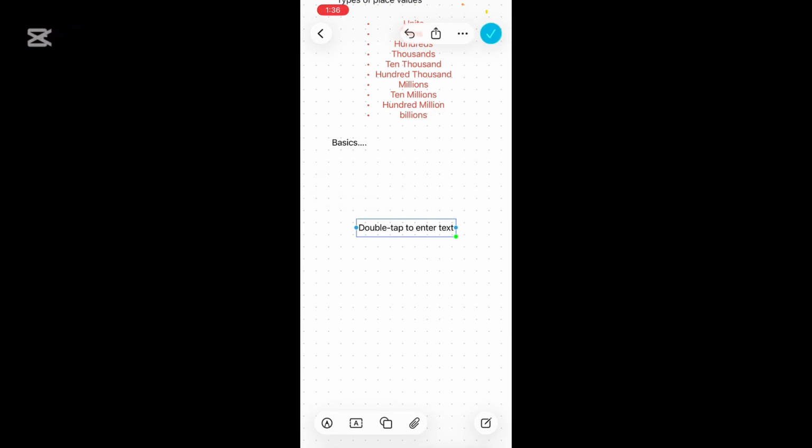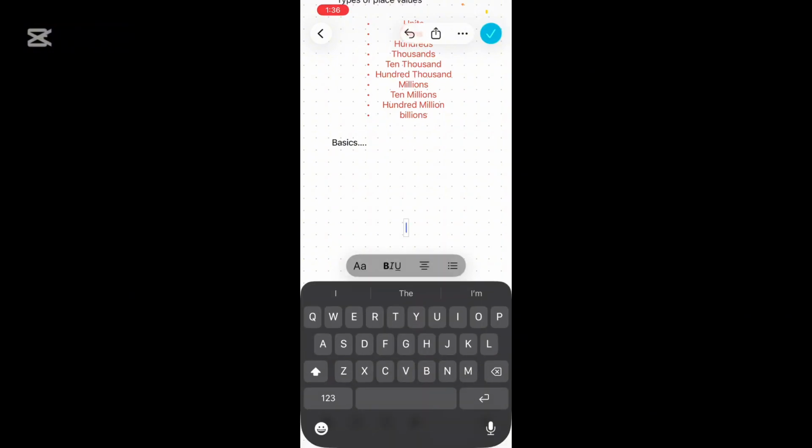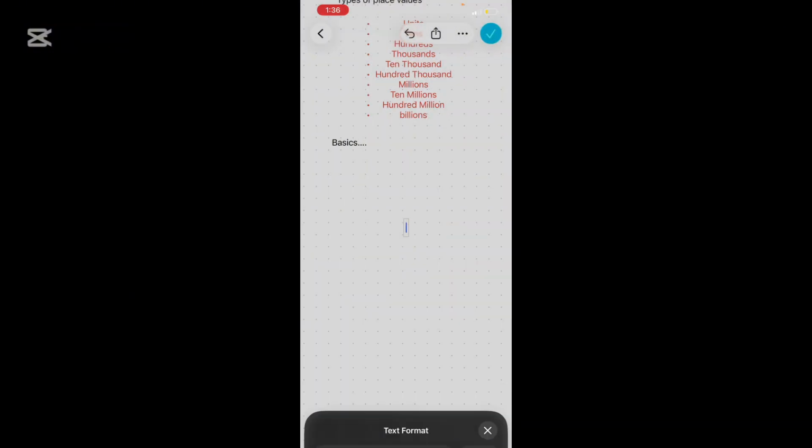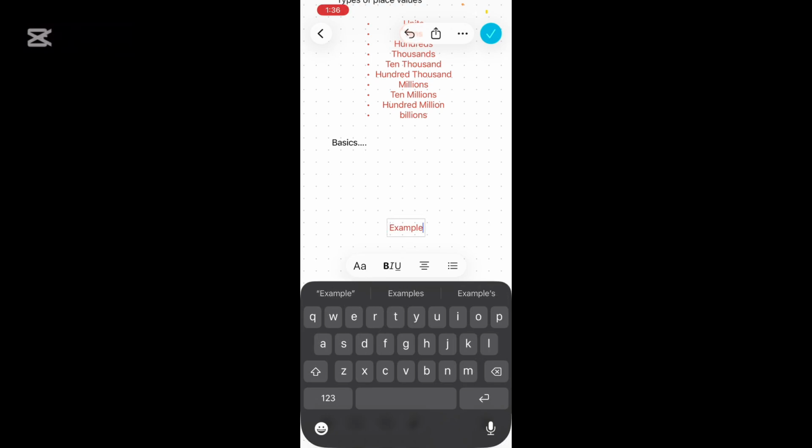For example, in this number 9,742, determine what digit is in the units, tens, hundreds, and thousands.